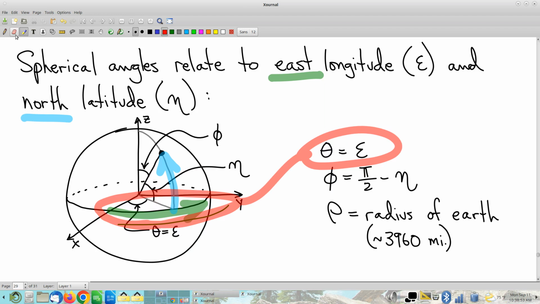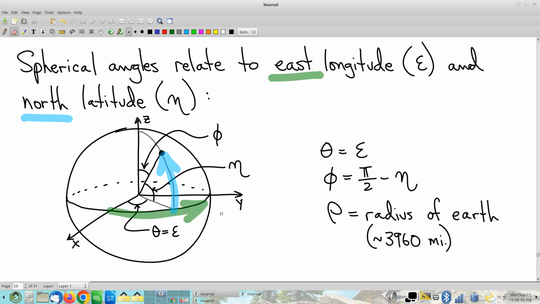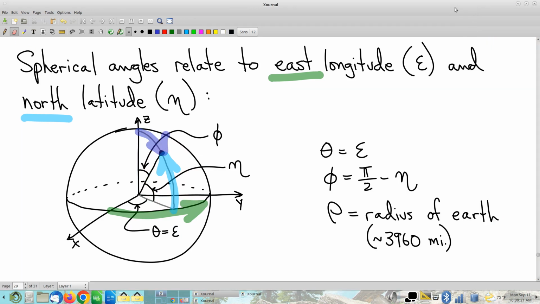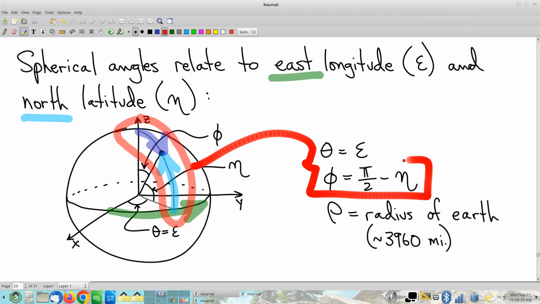And then likewise, latitude, well, now that's not phi, not exactly phi. Phi, by contrast, is measured that way, like so. What we can see from this is that even though these are not the same angle, they add up to pi over 2.